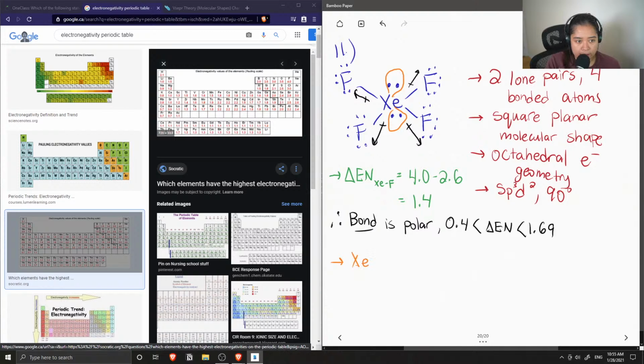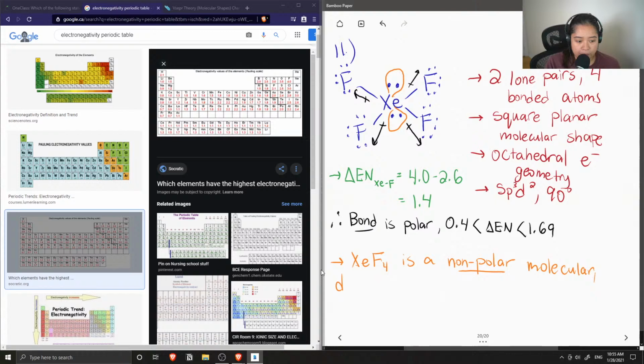So I can say that xenon tetrafluoride is a nonpolar molecule, and the reason for that is because the dipole moments that are caused by the fluorine are cancelled out. So the dipole moments cancel each other out.